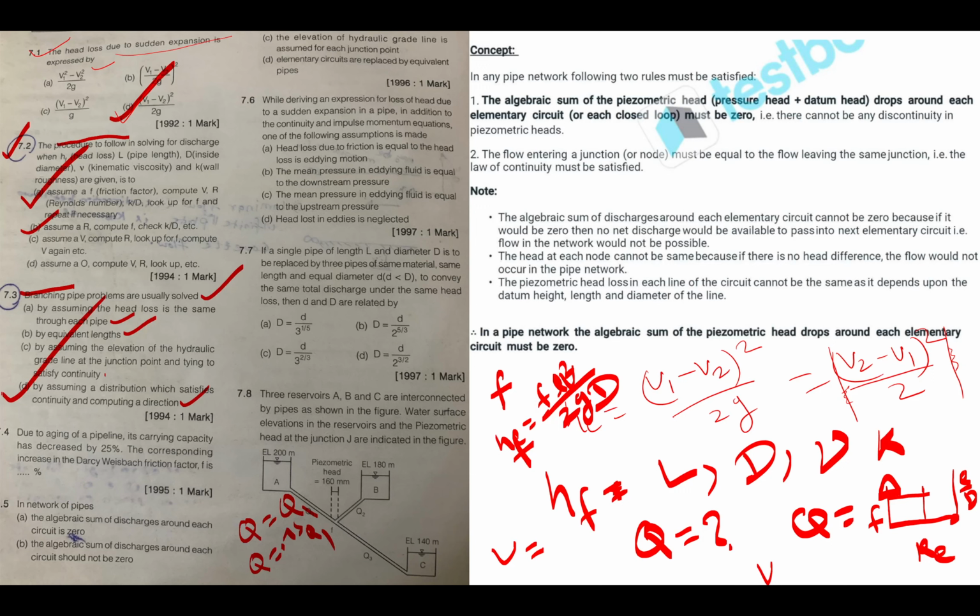How will you go? You already know the relation between your friction factor and head loss. Your HF is proportional to F Q square, because F and L will be constant, D will be constant, g will be constant, everything will be constant.